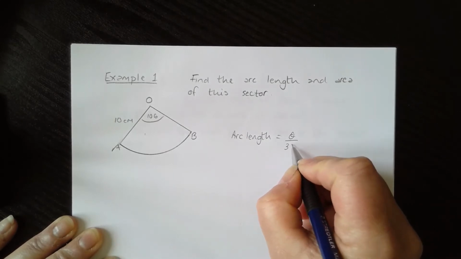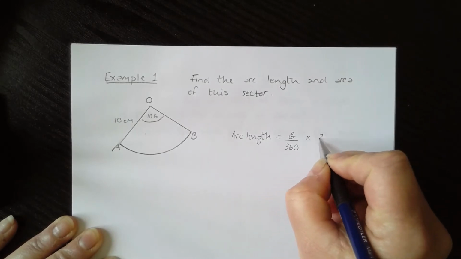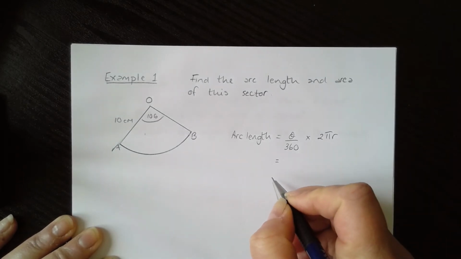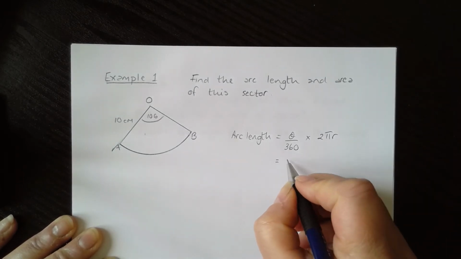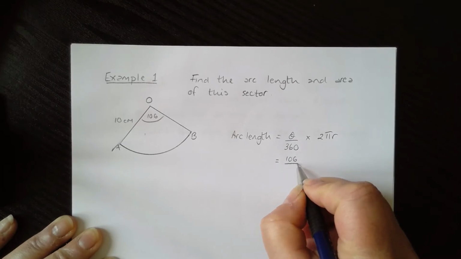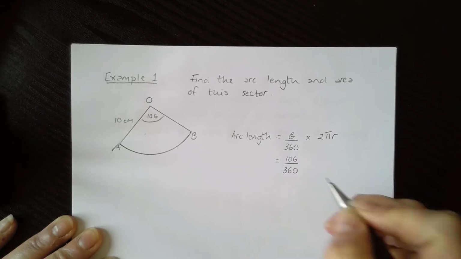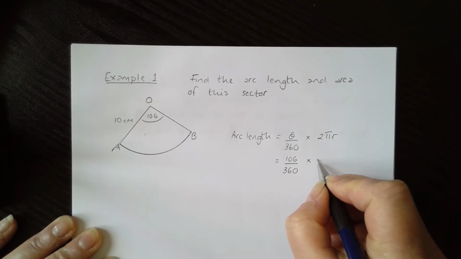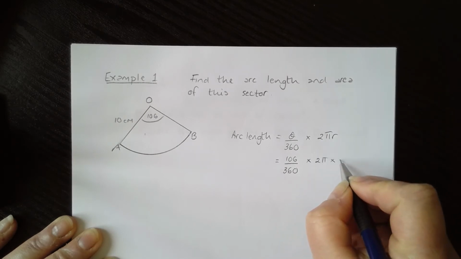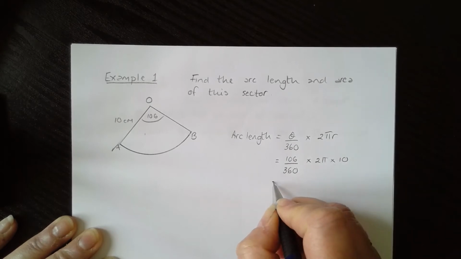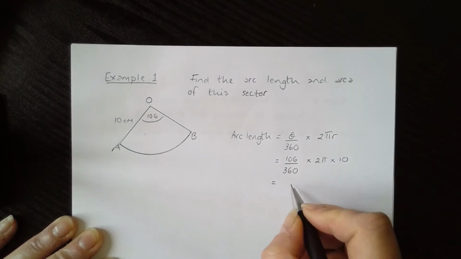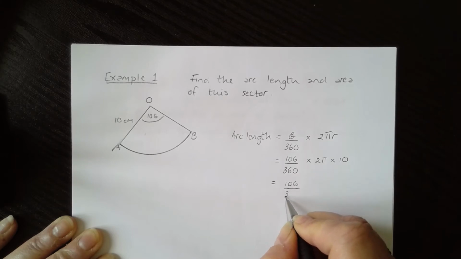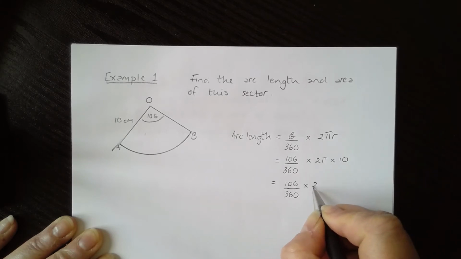Theta over 360 times by 2 pi r. Then substitute in the things that we know. We know that the angle at the centre is 106 and that the radius is 10, so we've got times by 2 pi times by 10. Let's simplify that and we end up with 106 over 360 times by 20 pi.